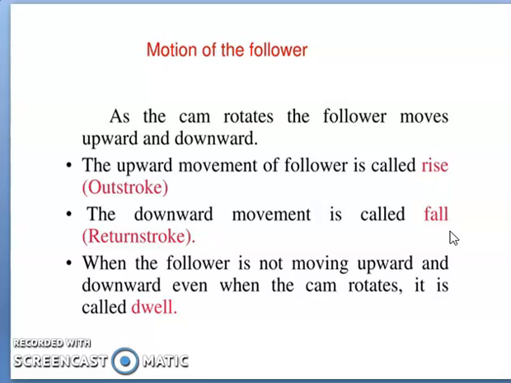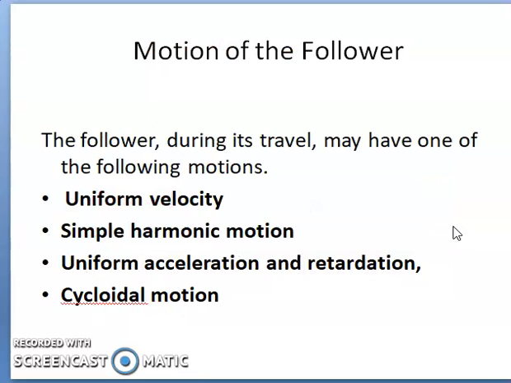When the follower is not moving upward or downward, even when the cam rotates, that period is called the dwell. The follower during its travel may have any one of the following motions. It may move with uniform velocity, simple harmonic motion, uniform acceleration and retardation, or cycloidal motion.